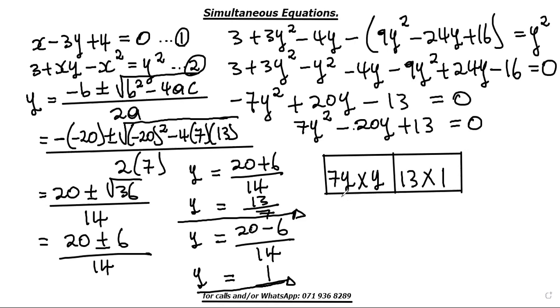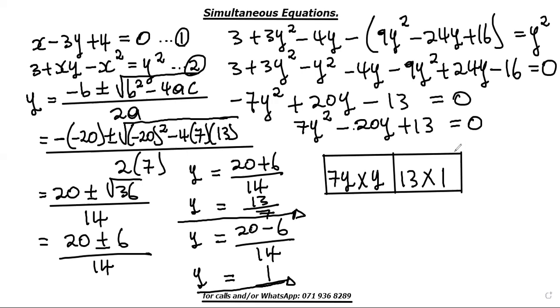So if you say 7y times 13, it's going to be a very big number, such that if you say that number minus or plus y, it can give you 20y. But if you say 7y times 1, you get 7y. And then you say y times 13, you get 13y. So 7y plus 13y, they'll give you 20y.